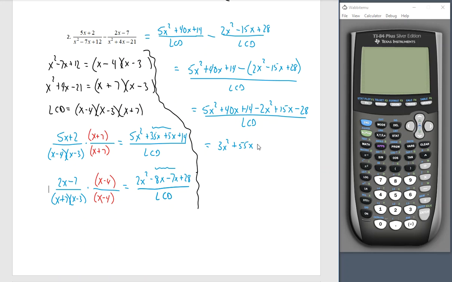And 14 minus 28 is minus 14. Now that I've completed the operation with the numerator, I'm putting back this denominator.